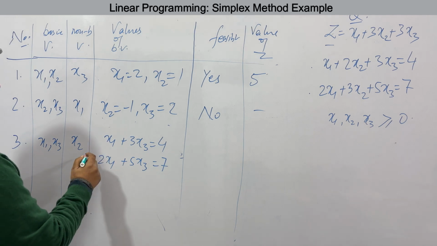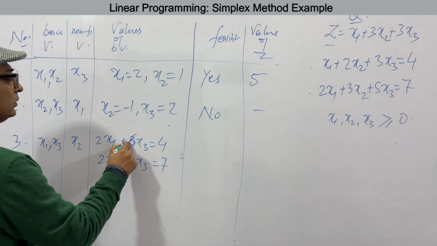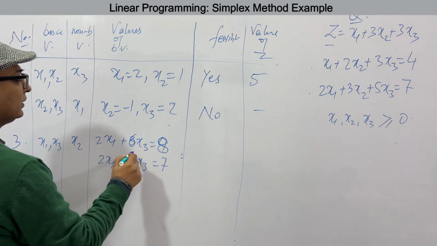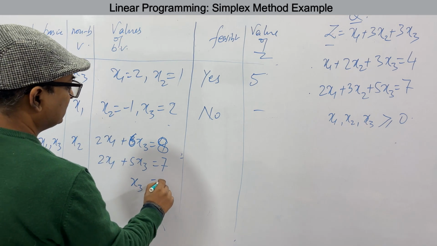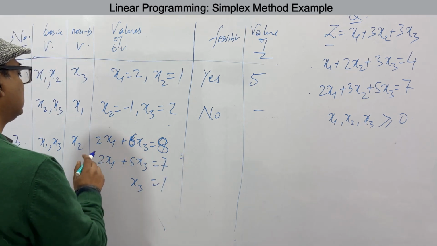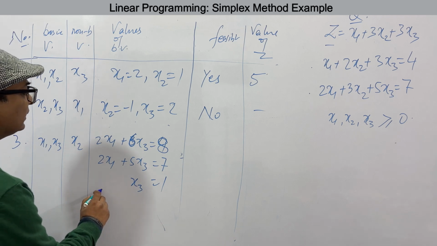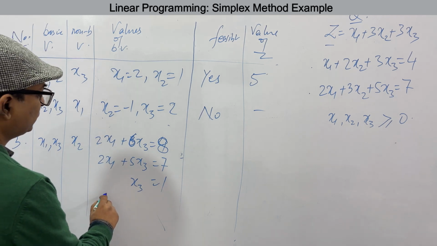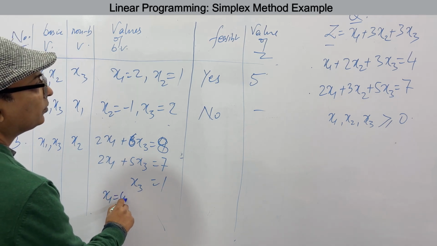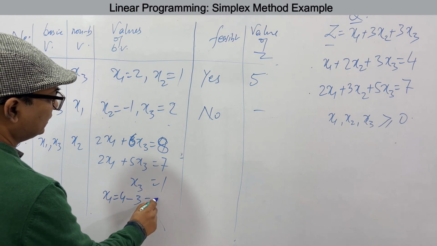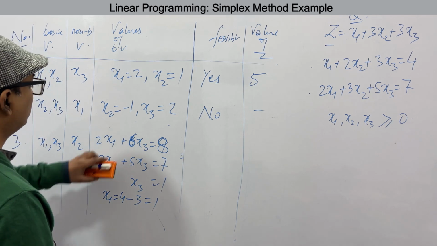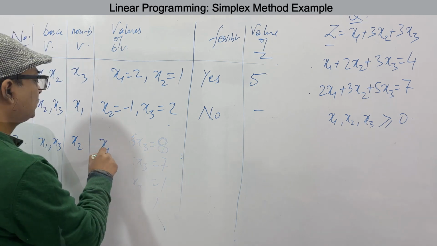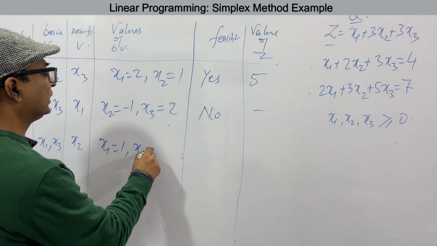So let's multiply it. 2, 6, 8. Okay. Now this minus this is x3. This minus this is 1. So x3 is equal to 1. Second is, it was x1 is equal to 4 minus 3x3. So this is 1. Okay. So x1 is 1, x3 is 1.